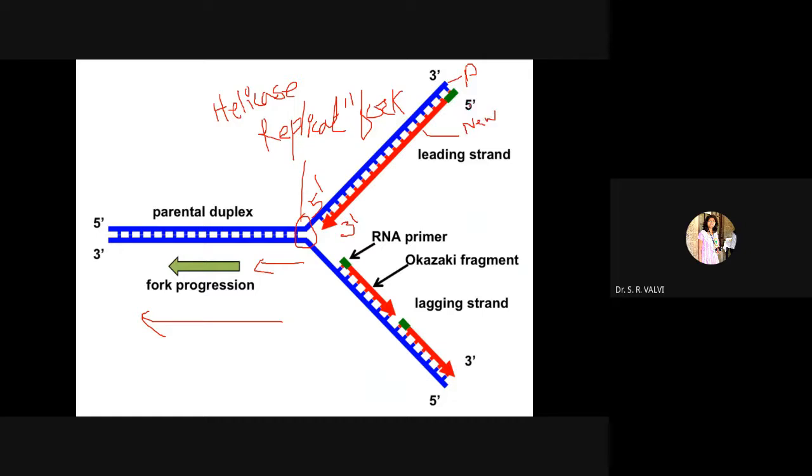Here you can see the direction of the newly synthesized strand is from 5 prime to 3 prime, right? So this strand is called what? Leading strand, because this newly synthesized strand is continuously progressing from 5 prime to 3 prime. Hence it is called the leading strand, right?